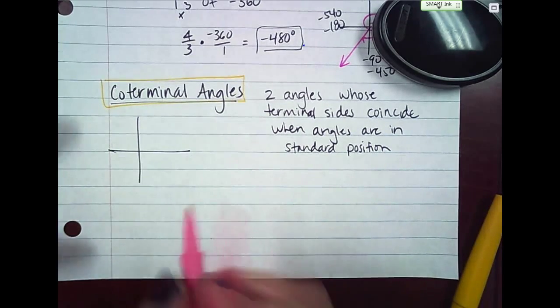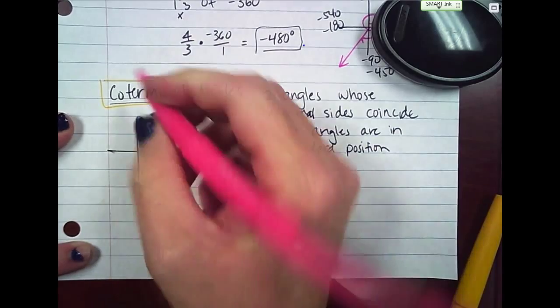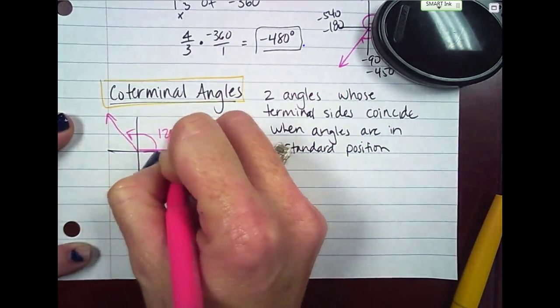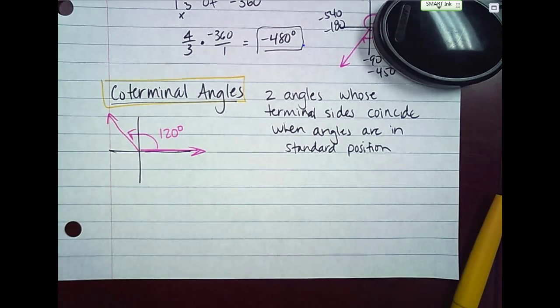So in a color, I'm going to draw a 120 degree angle. That angle is 120 degrees. Right? Well, if I make a loop all the way back around, I stop at 120.